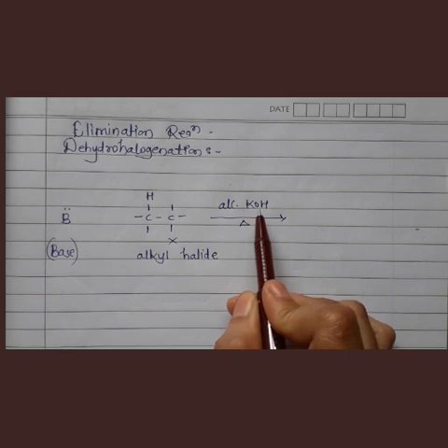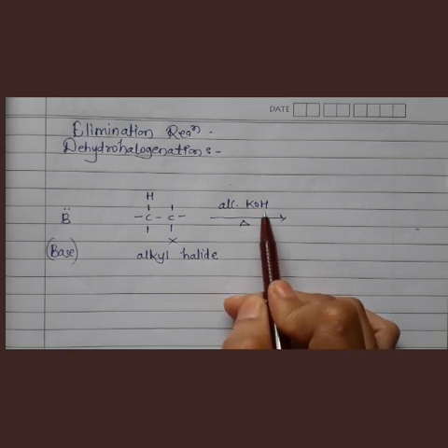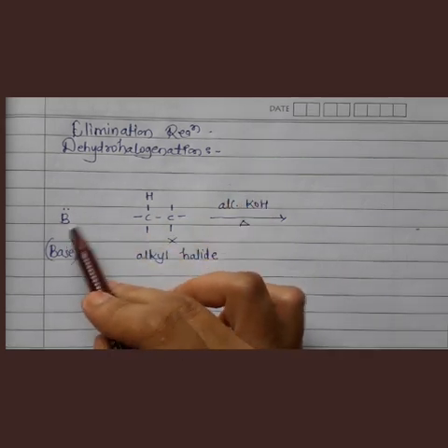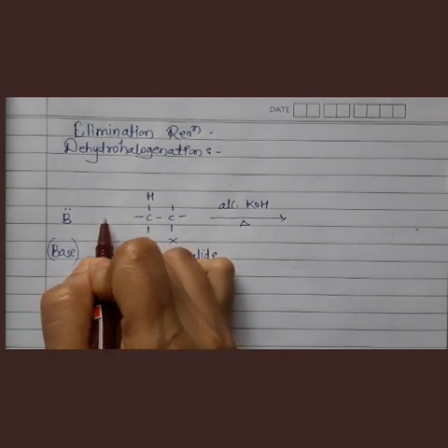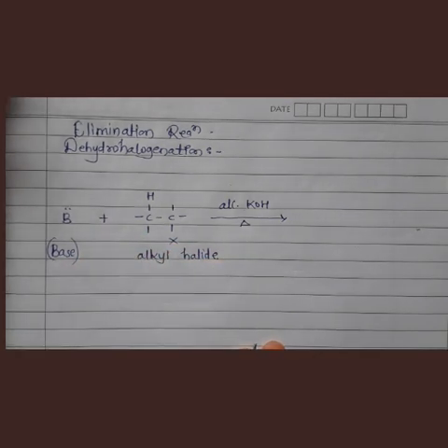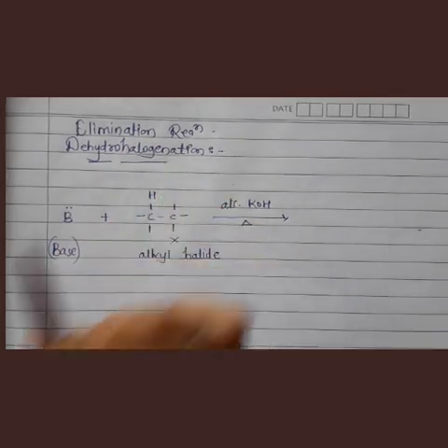We have taken potassium hydroxide which is base and it is in alcohol, alcoholic KOH. Now here reaction will take place. This is dehydrohalogenation, elimination of hydrogen as well as elimination of halogen.